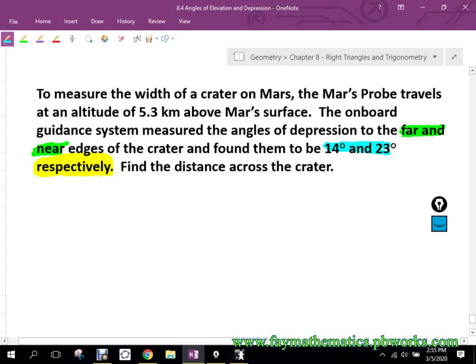Near and 23 go together. Does that make sense? That's what the word respectively means. In this problem, it's not going to create any issues for you if you mess that up. But sometimes in story problems on the ACT or the end of course exam, that word respectively could throw a wrench into everything. So I think it's important to know that.